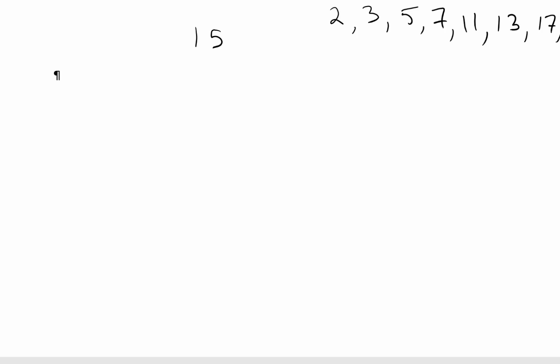So we look for ways to factor a number using its primes. So 15, well, I know 3 times 5 goes into 15, and 3 is a prime and 5 is a prime. So my tree ends here, since they're both prime, that is the complete prime factorization of 15. So the prime factorization of 15 is 3 times 5.